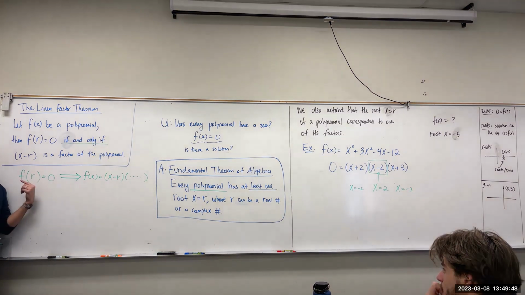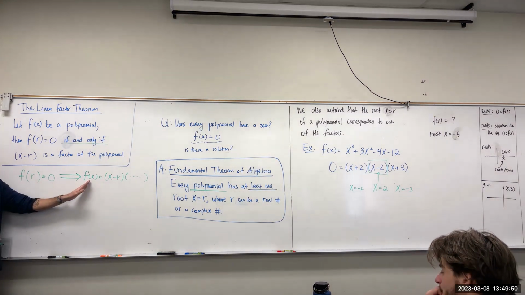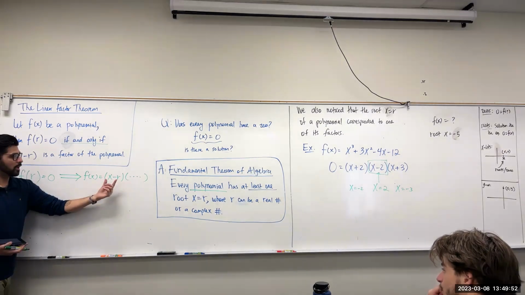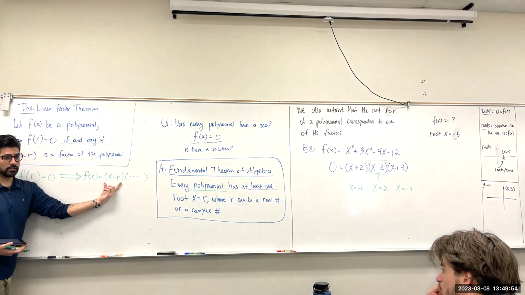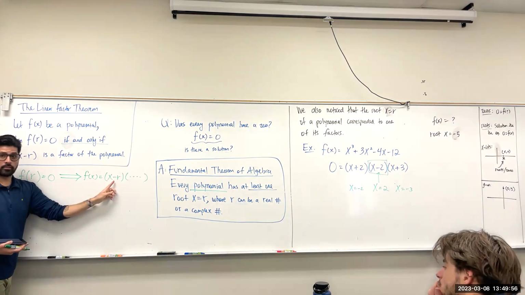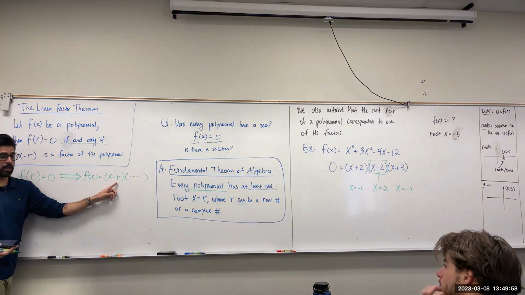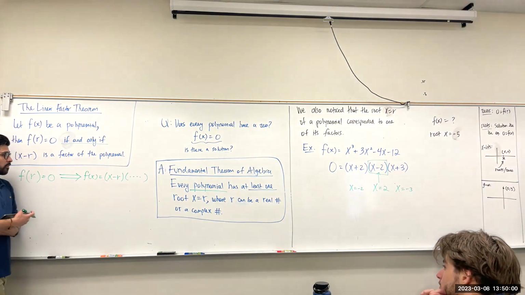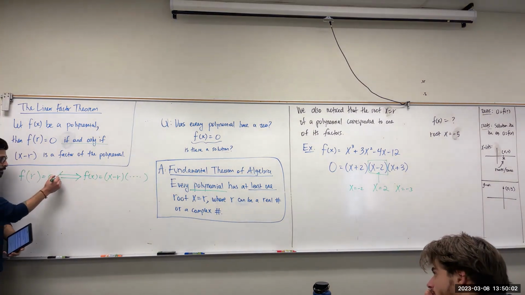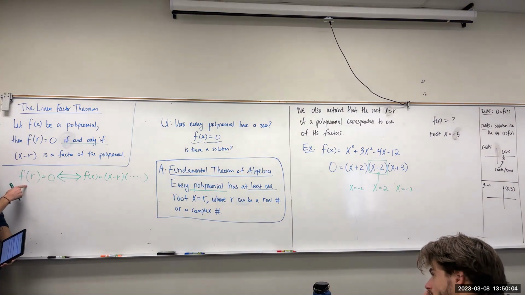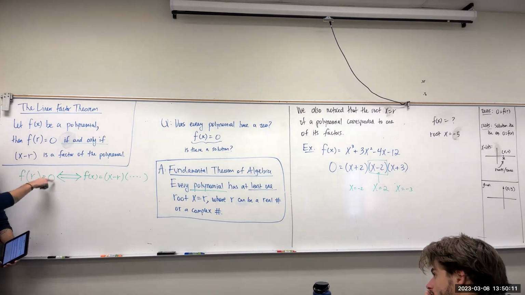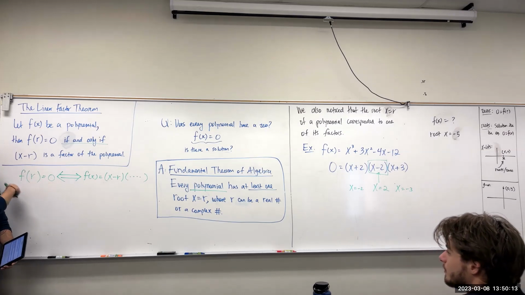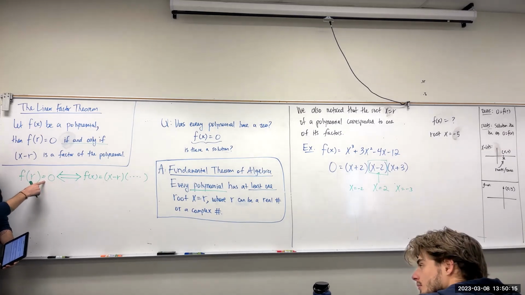And then vice versa. If my polynomial factors in such a way where this is one of the factors, then r has to be a root, or it has to be a 0 corresponding to r, so this must be true. What if I plug in a number and this is not true?